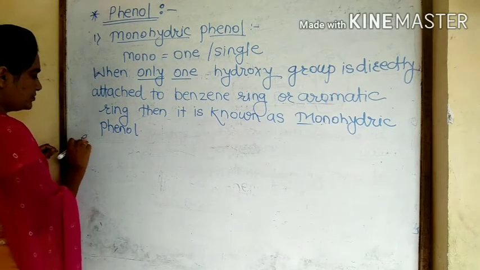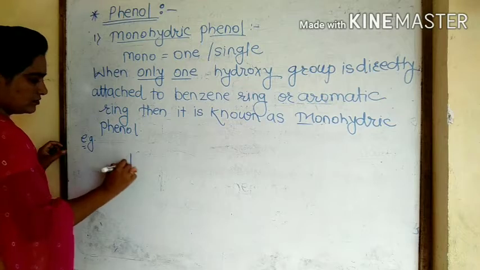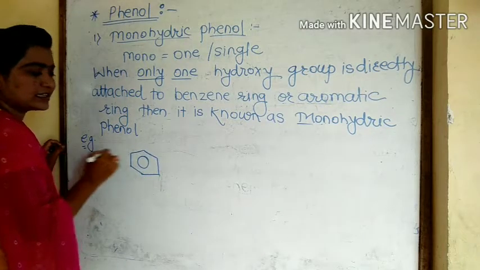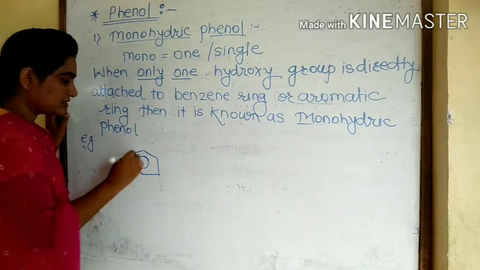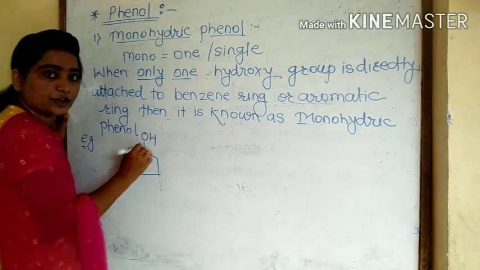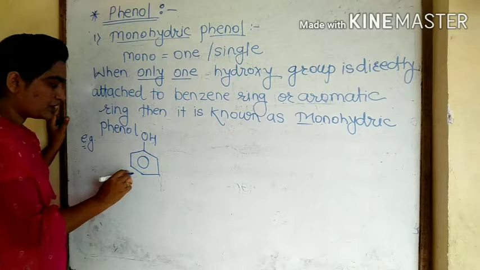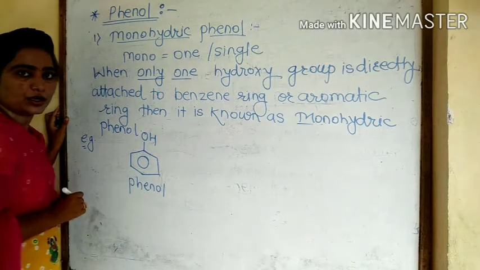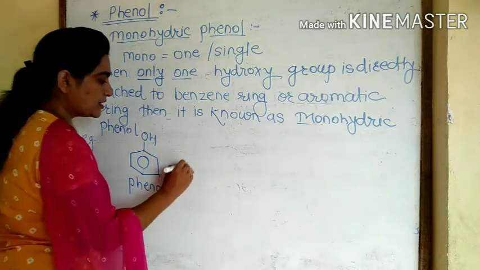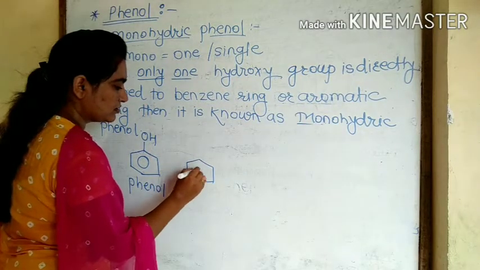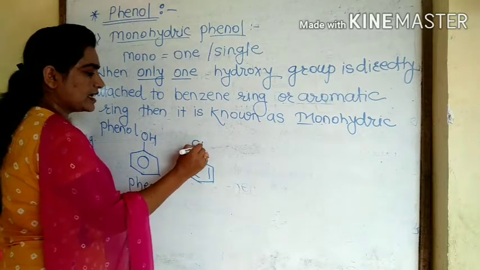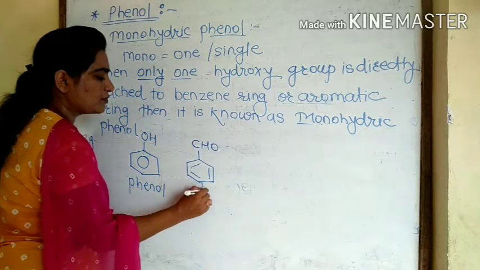For example, again the same example, a benzene ring is present there, and the benzene ring consists of only one hydroxy group. Therefore, it is called monohydric phenol. Simply we can say it as phenol. Second example, suppose we take here CHO and here presence of OH.